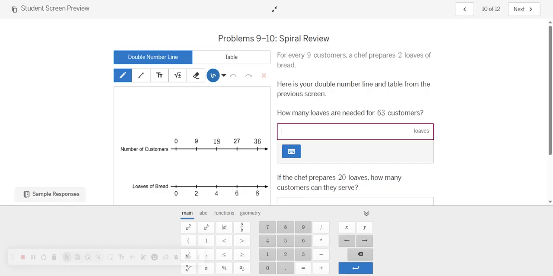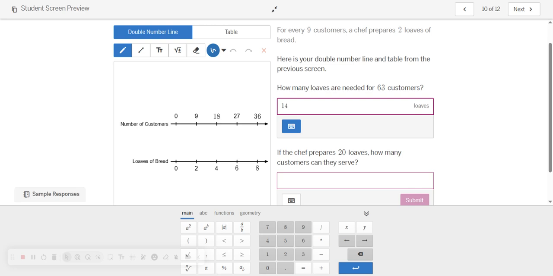Since it's 9 for every 2, that's 7 groups of 9. Oops, did I do that one wrong? 7, and that'd be 14. 14 loaves. If there's 2 per 20 loaves of bread, would be for 90 customers. I think I got that one wrong.